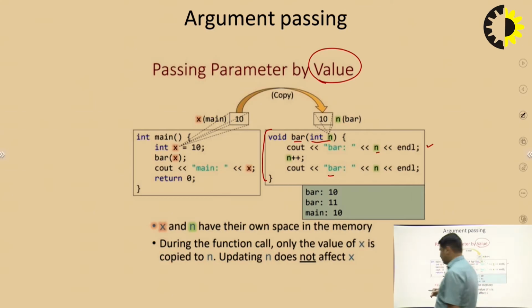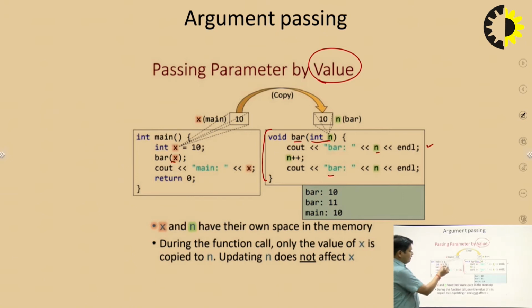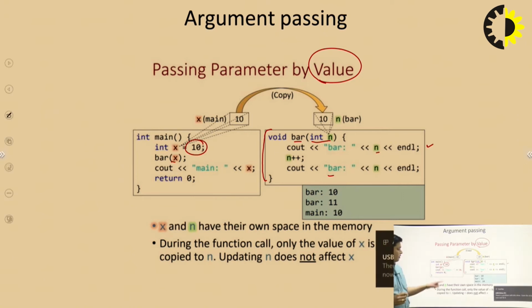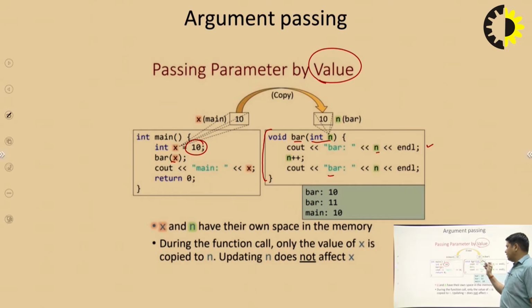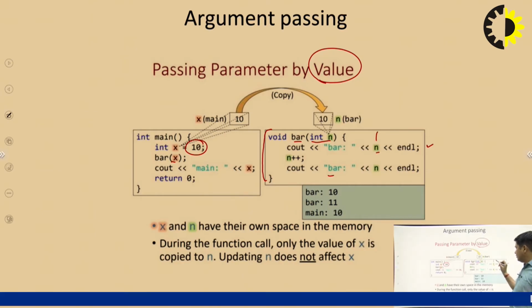But the magic is here, when I am calling this function bar, we have passed the value. What is the value of x? 10. When the function will be called, immediately this value will pass to this local variable n, and when this will be printed, it is 10 and this will be printed 11.